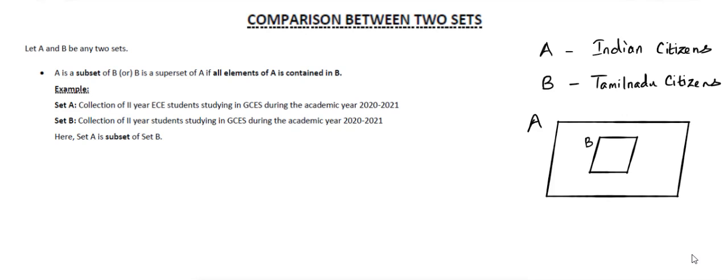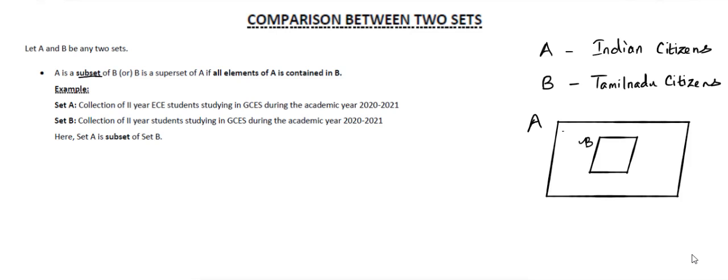So in this case we say B is a subset of capital A. Okay, now I am going to give you a definition. When you say B is a subset of A, if all the elements of B are contained in A, that is the definition.